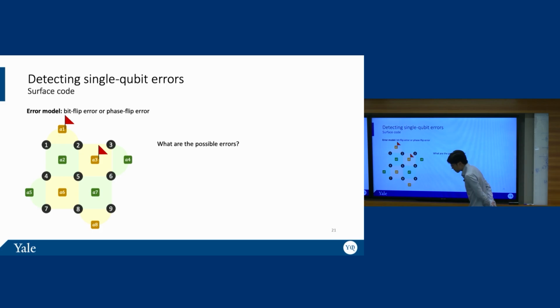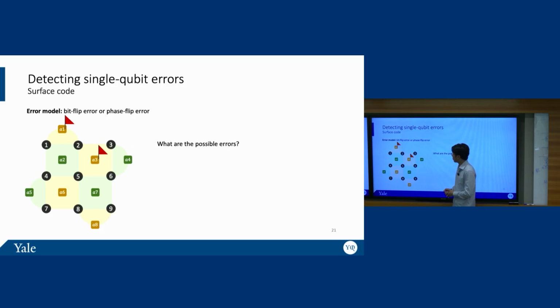Now here is a question in reverse. So if I perform my checks as I requested, and I saw two flags raised, can I guess what was the error that occurred? Because after all, the error correction process is about checking for the syndromes, seeing the raised flags to guess what error occurred, and then perhaps try to correct them, right?